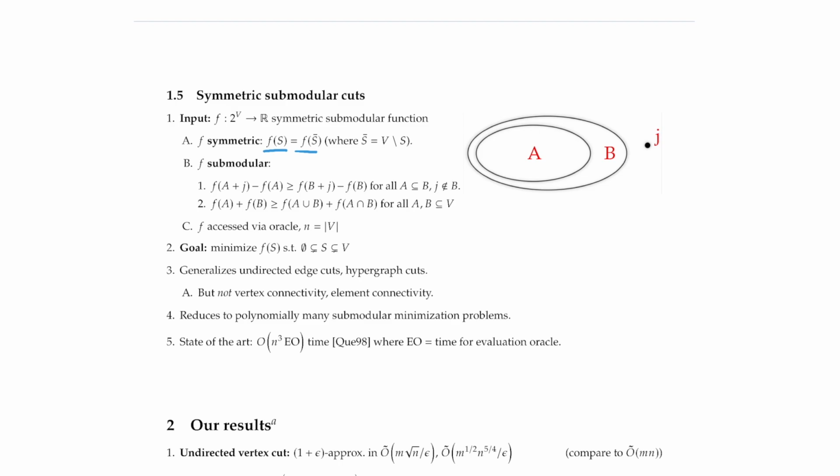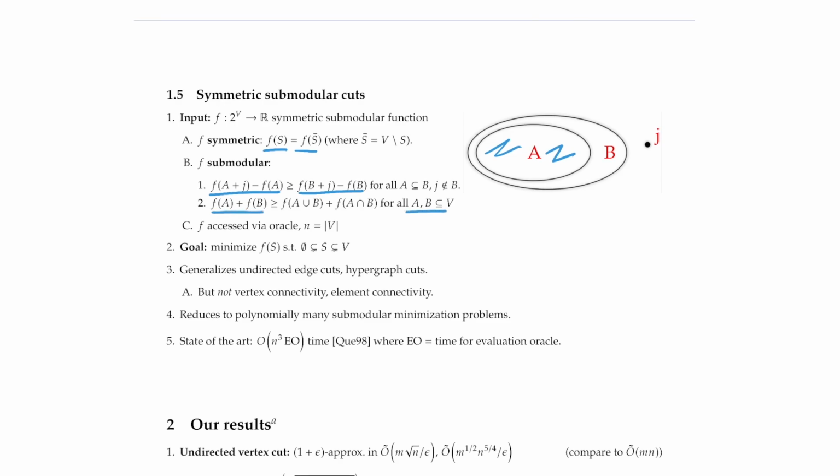If I'm looking at f of A plus j minus f of A, this is how much f goes up when I add j, and I compare it to how much it goes up when I add j to B, if A is a subset of B, then the marginal value of j will be greater to A than to B. An alternative equivalent definition is to say that for all sets A and B, f of A plus f of B is at least f of A union B plus f of A intersect B.